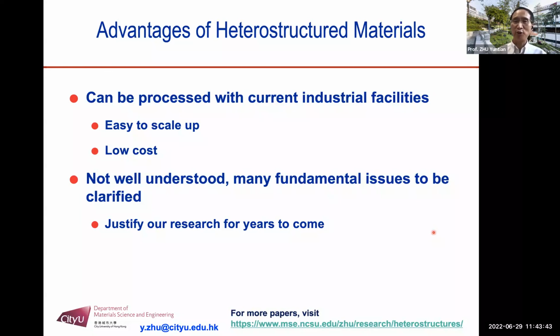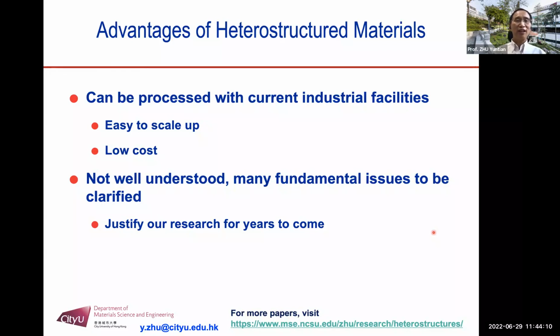However, for heterostructured materials, we can produce them easily at low cost. Like a heterostructured steel, using the current hot rolling, cold rolling, you can produce them at the same cost as the conventional steel, but it gives you much better properties, which means it's very easy for commercialization.